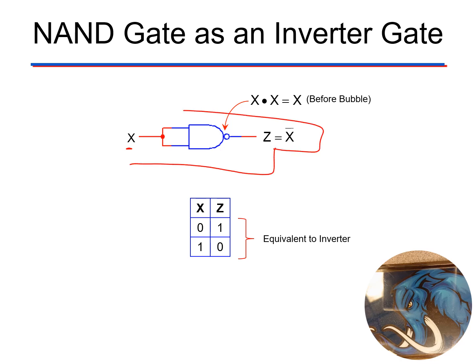But basically, that is equivalent to an inverter, which is just this. So in your notebook, just make sure that you're putting your input going into both sides of the NAND. One here, and then it comes out, and that basically makes it an inverter. You'll see why this is important in a minute.